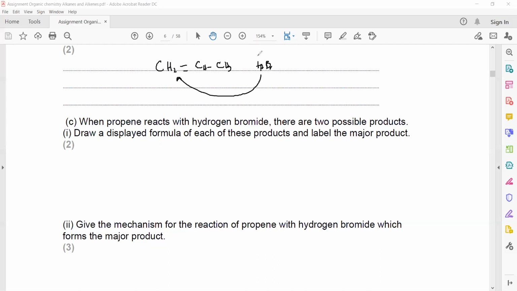Hydrogen is attracted towards the first carbon, so bromine can be attached to the second, or it can be the other way around, bromine with the first and hydrogen with the second. So it will be CH3, CH, but we have to show a displayed formula. Displayed formula means show all the bonds.